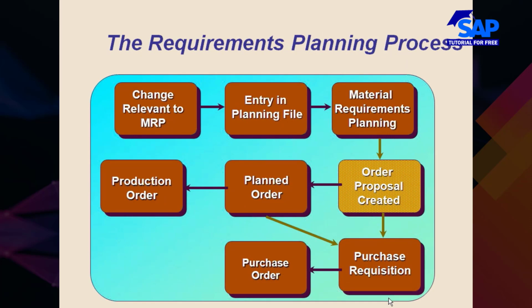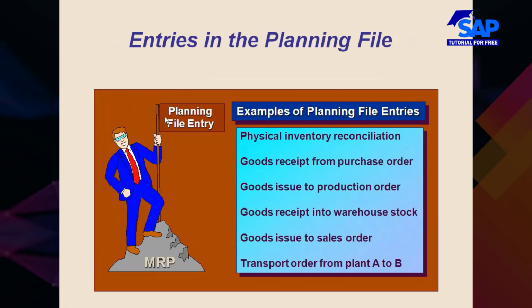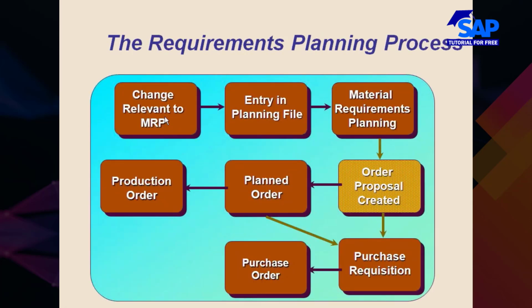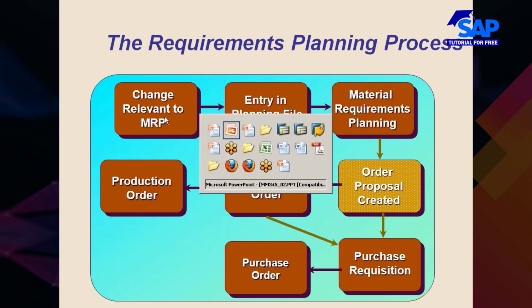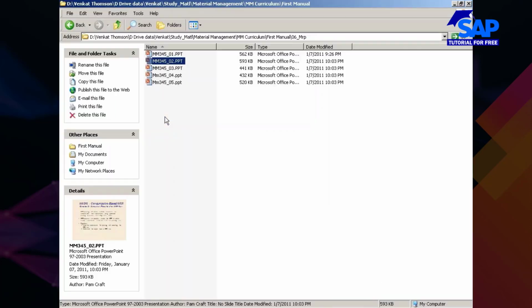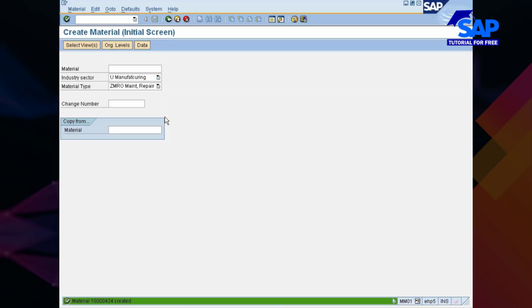The requirements planning process: any change relevant to MRP, which is nothing but all the inventory transactions that you perform on a certain material, is considered as a change relevant for MRP. Okay, so I'll come back to this one. Let me check whether the material is created or not. Yes, it is 10,424. So I will simply go and create a PO for this.